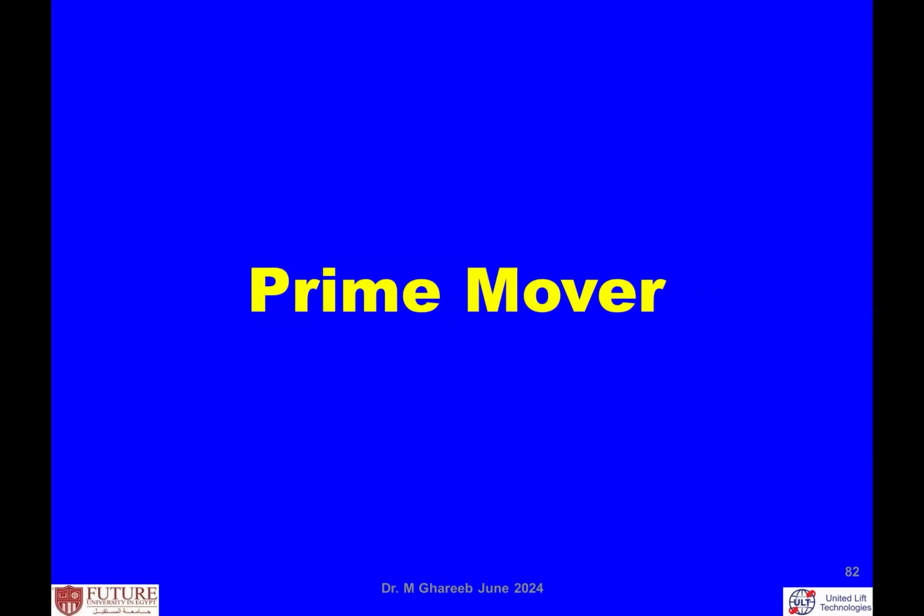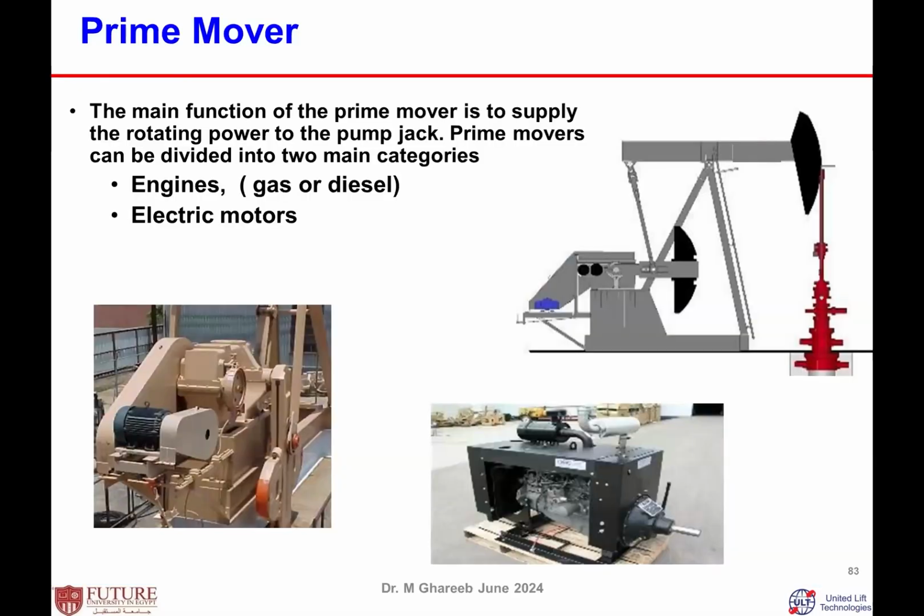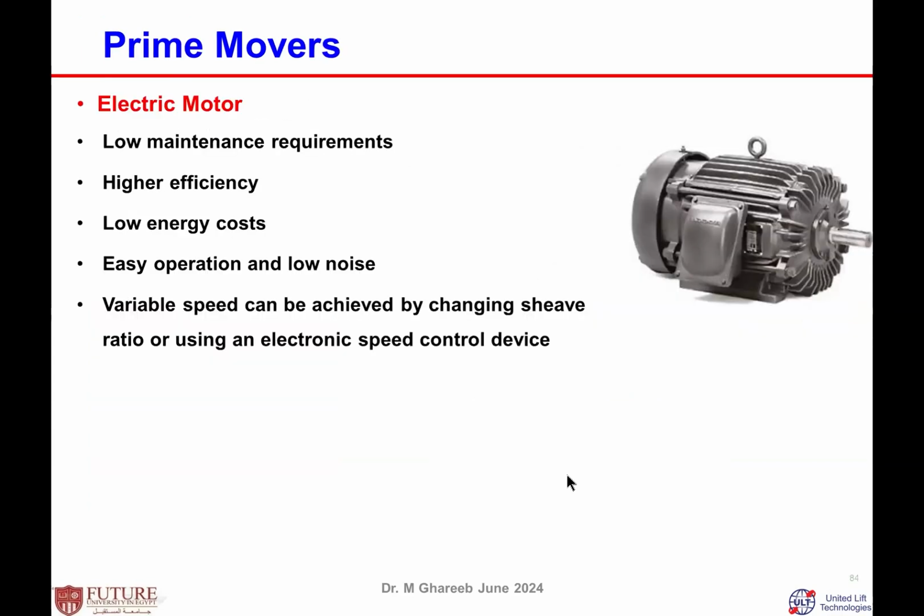The main function of the prime mover is just to generate the rotary motion for the pumping unit, whether the conventional beam type or the long stroke one. It can be electric motors or engines, diesel engine or whatever type of engine. Electric motors are one of the most commonly used prime movers for reciprocating pumping units.